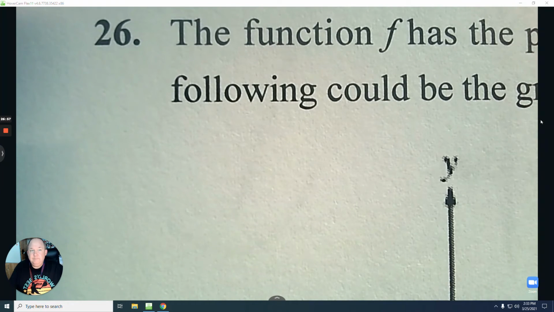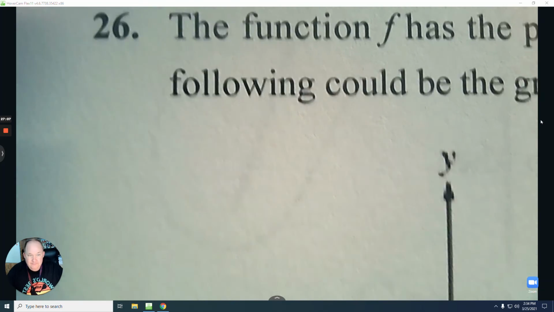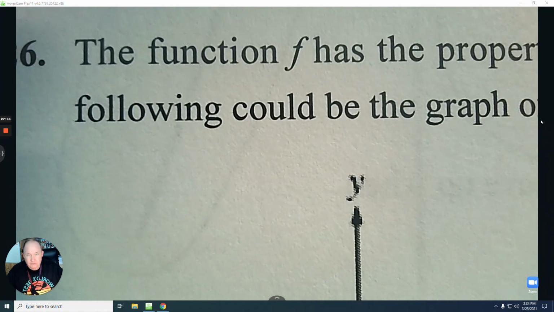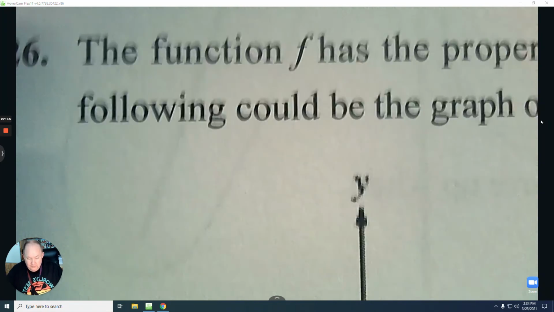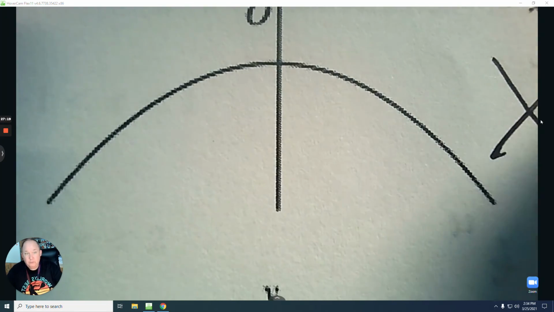26. So the function f has the property that f of x, the derivative, and the second derivative are negative for all real values. Which one could it be? So if they're all negative, that means the function is below the axis, decreasing, and concave down. Why is this one wrong?